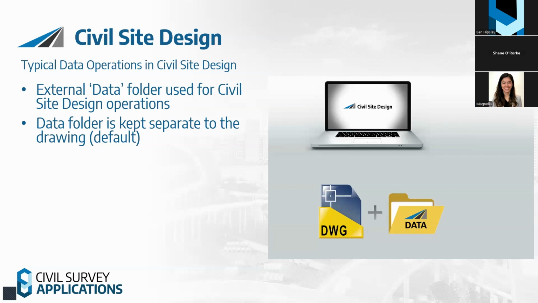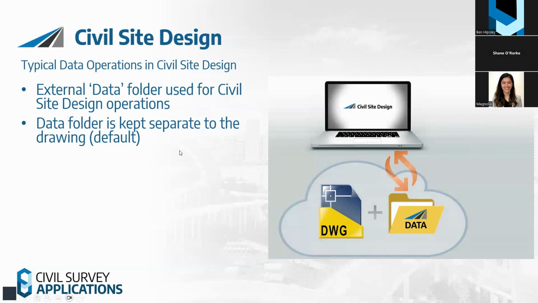Now, in terms of civil site design, I guess what I want to just explain about civil site design is that when civil site design is operating, it is operating through an external data folder. And basically that data folder provides a transaction to itself and then feeds back into the drawing. So there's a cycle to that data folder. And by default, the drawing and the data folder live together in the same spot.